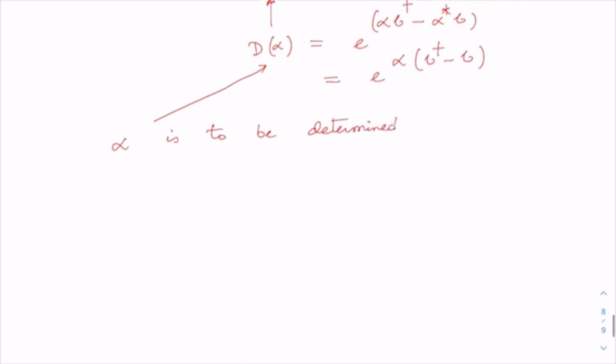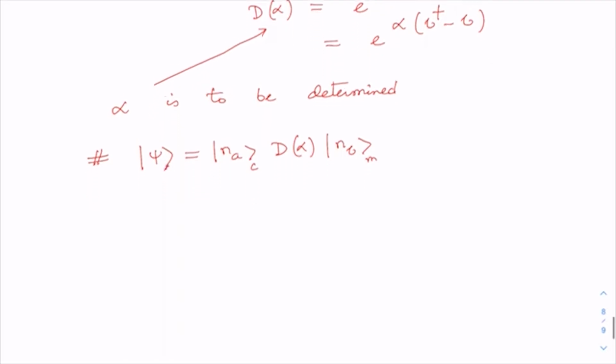The core idea here is that we are now considering our eigenstate as Na, the direct product of the number state for photons and the displaced state of the phonon, let us say psi. So this is the eigenstate we can assume.